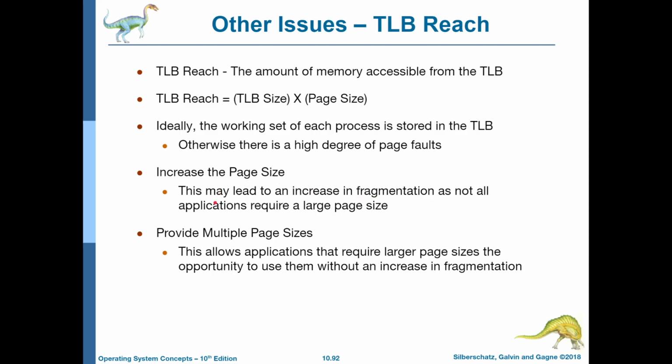Plus also, if we're using 1 gigabyte pages but we're only loading a 20 kilobyte program, that's a lot of waste. We can also provide different page sizes, and AMD and Intel systems actually allow this. Your process can allocate pages that are not the traditional page size for the system.